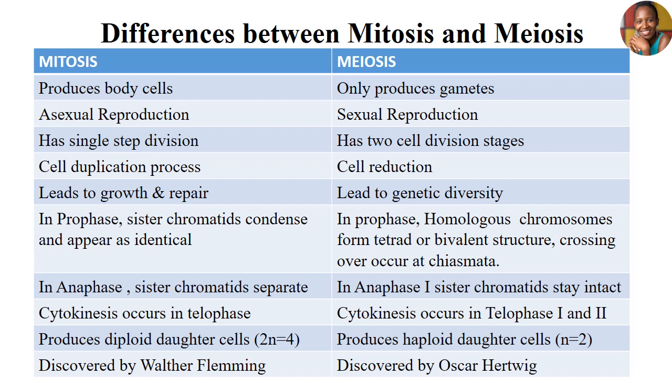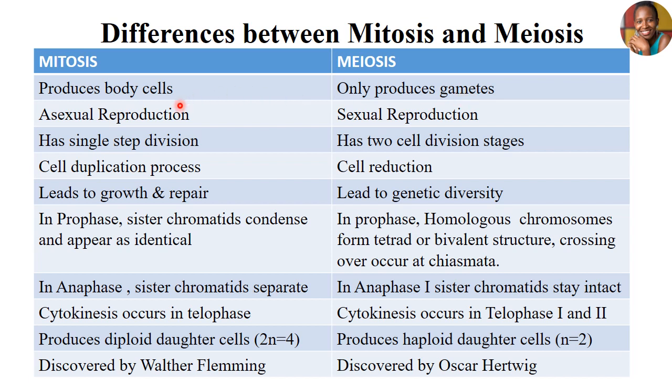And in this part, we'll now explore the differences between mitosis and meiosis. So the differences, we can look at several parts, including the cells that are affected. In mitosis, the process happens in body cells or somatic cells, while in meiosis, the cell division produces gametes.